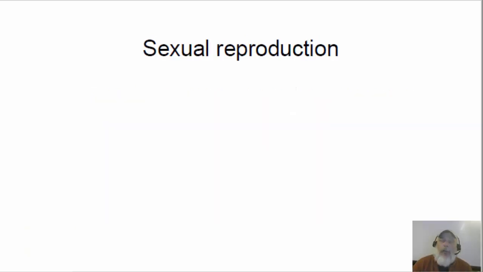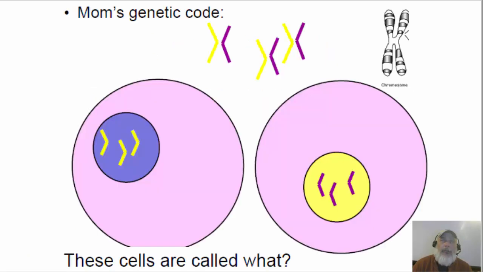And all of this goes along with the idea of sexual reproduction. With sexual reproduction, we have things like this with the mom. The mom's sexual reproductive cells are called what? They are called, that's right, eggs. And mom's genetic code here, this would be like her full set of chromosomes. They're in the sex cells, or the haploid cells.